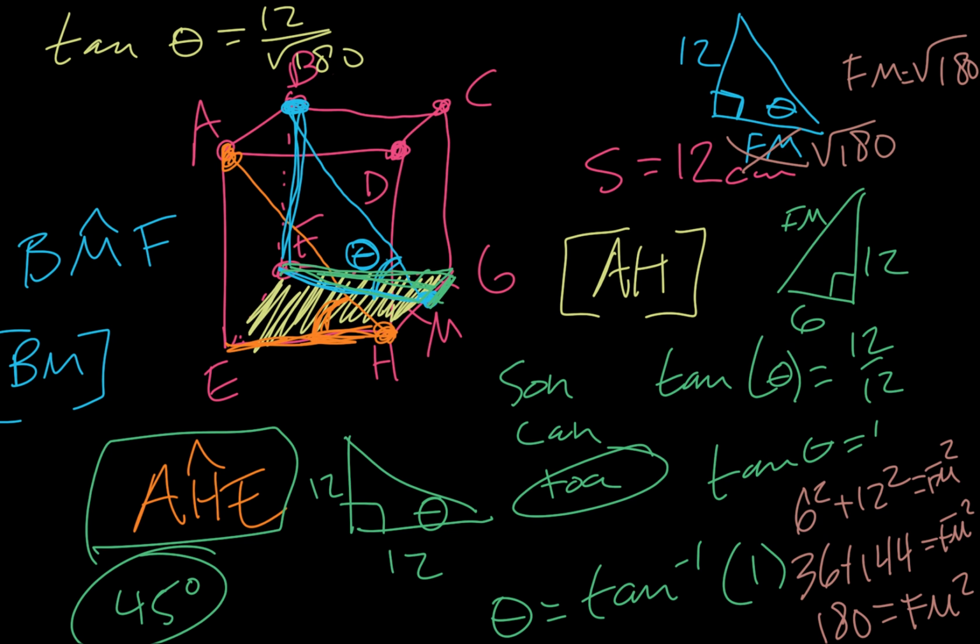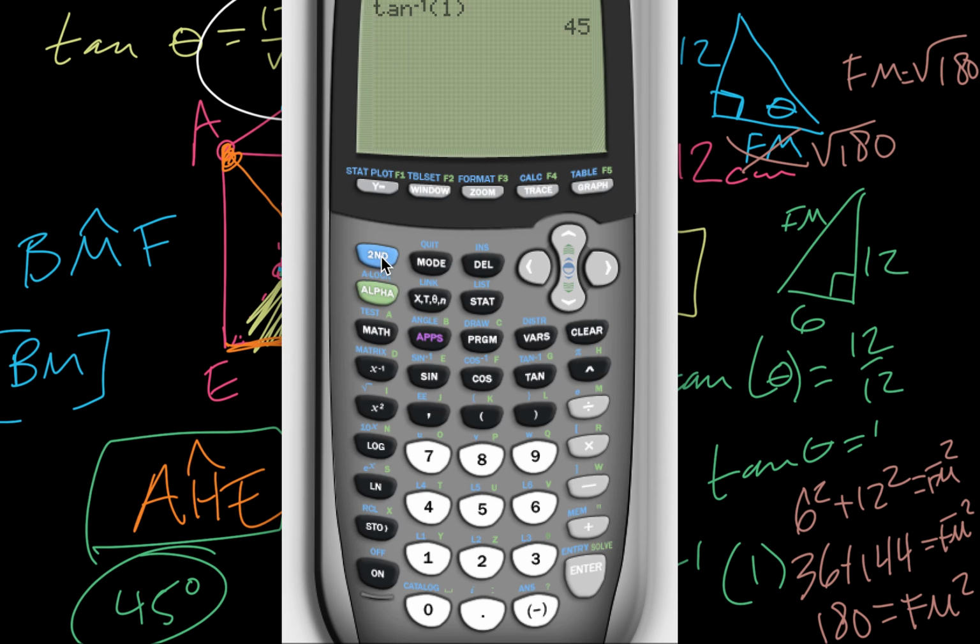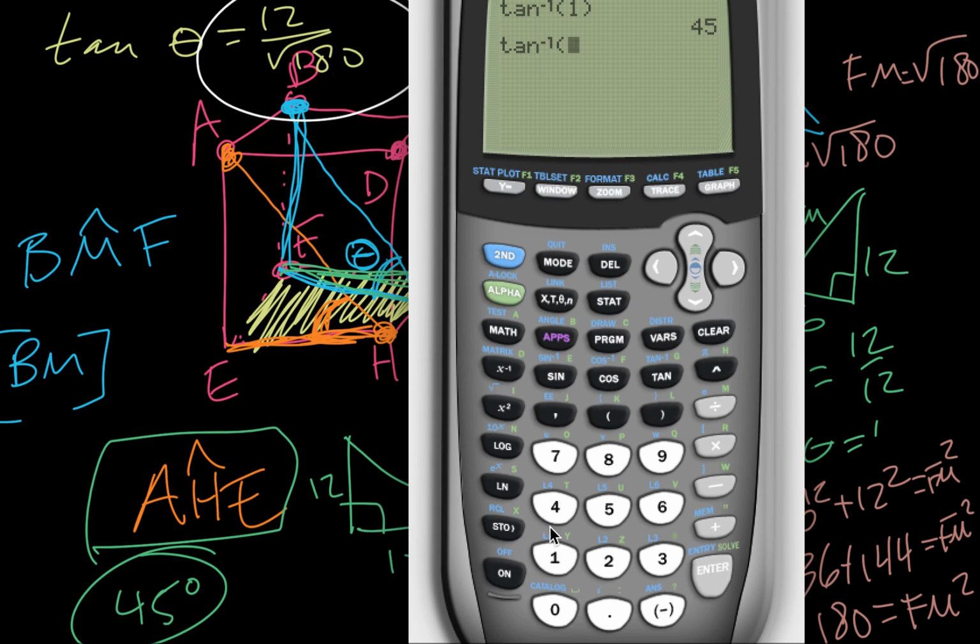Then we use inverse tangent of this number: inverse tangent of 12 divided by the square root of 180. Yeah, that looks good.